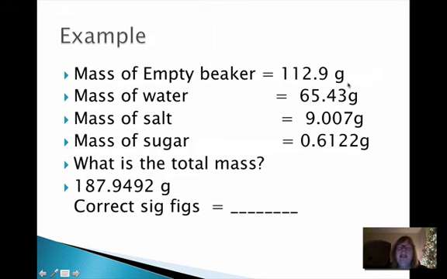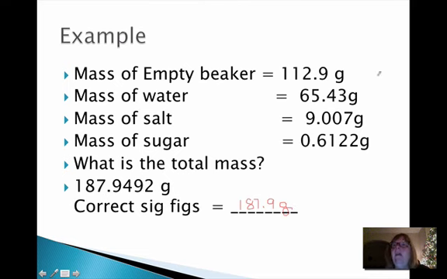When we add all this together, we get 187.9492 grams, but this only has 1 decimal place in the least precise number, so we can only report it to 1 decimal place. So it's 187.9, and that's grams.